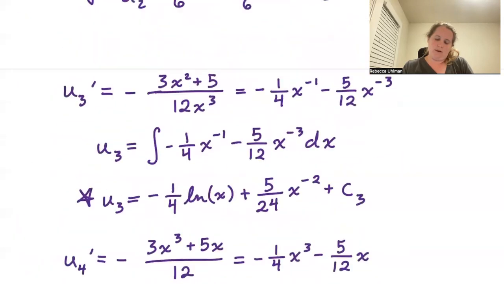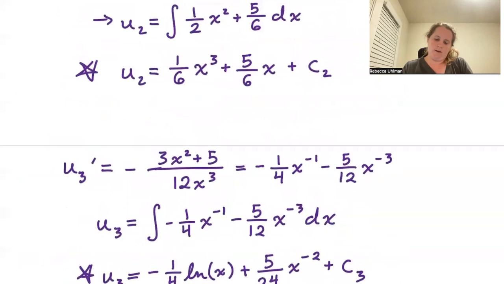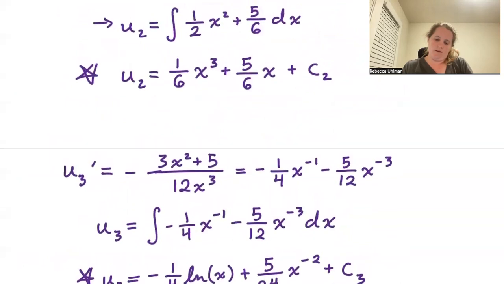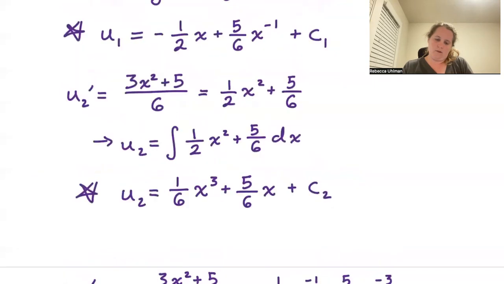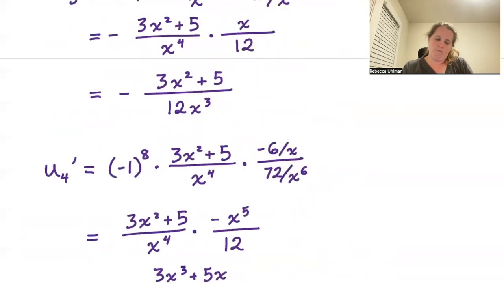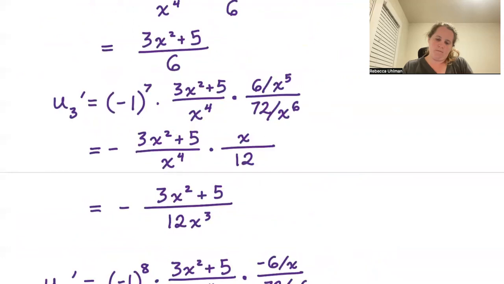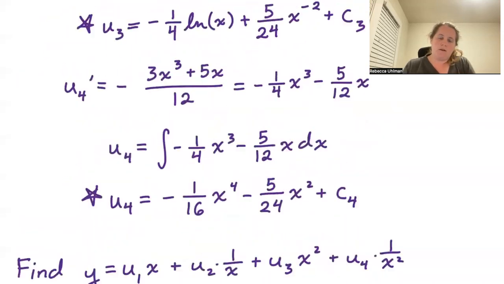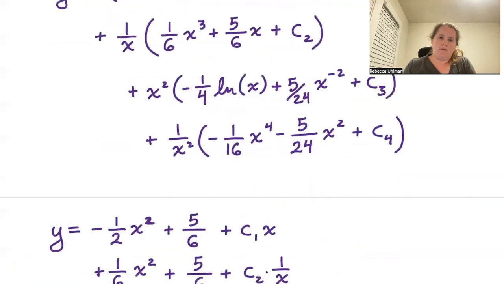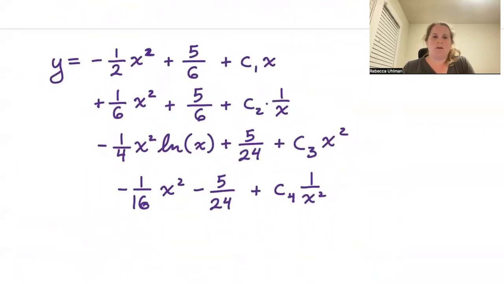I'm just verifying my u3. So our u3 prime, okay, I'm just verifying we should have that natural log. All right, so at this point, we have all of the components of our solution.